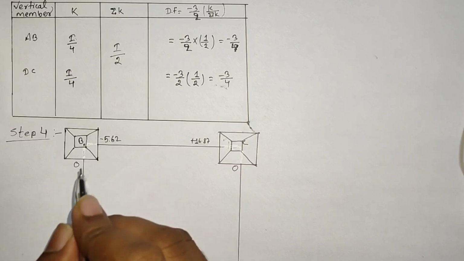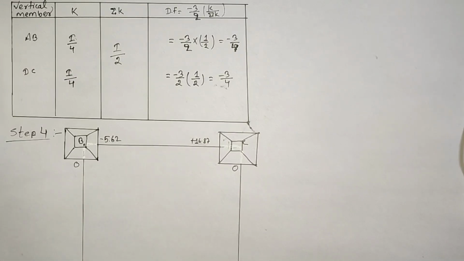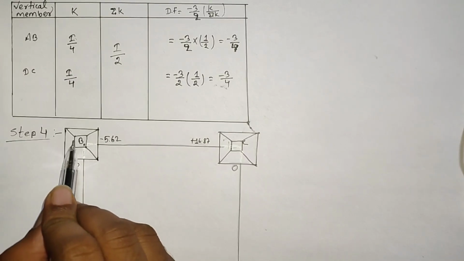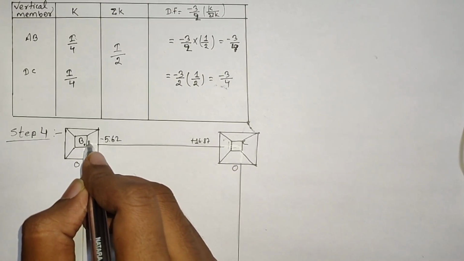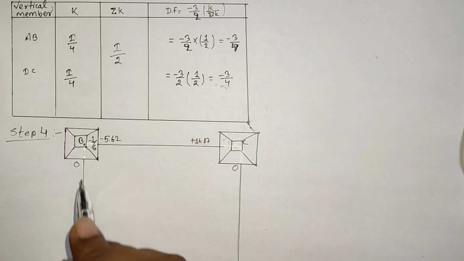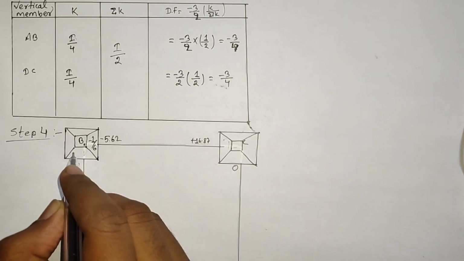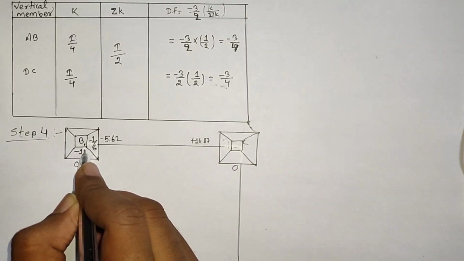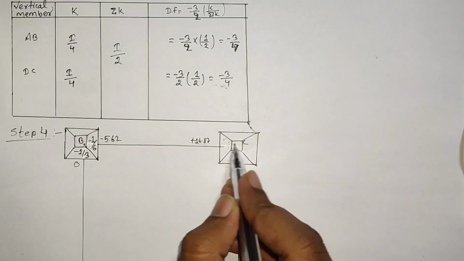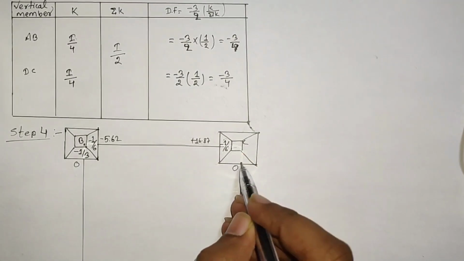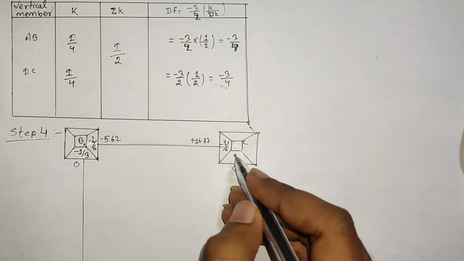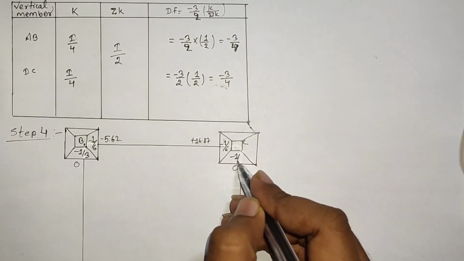Now write down the rotation factors which we have calculated. The rotation factor for span BC is minus 1 by 6, for BA it is minus 1 by 3, for CB it is minus 1 by 6, and for CD it is minus 1 by 3.